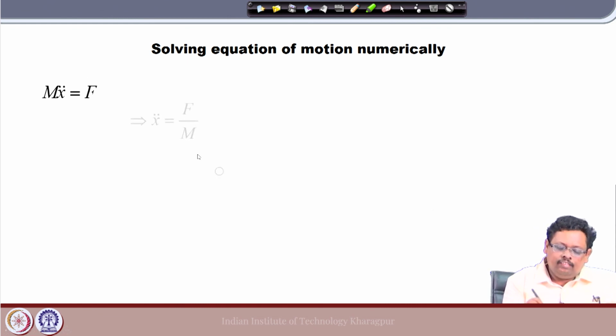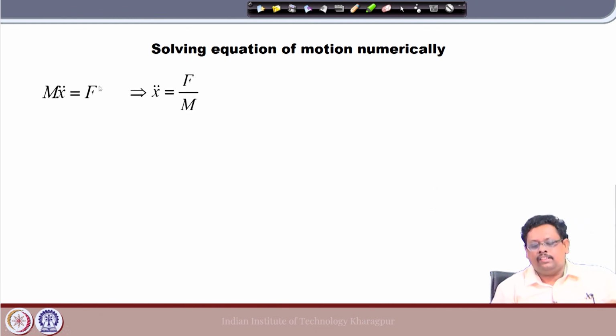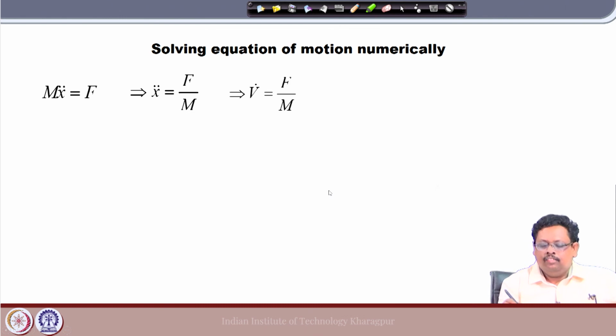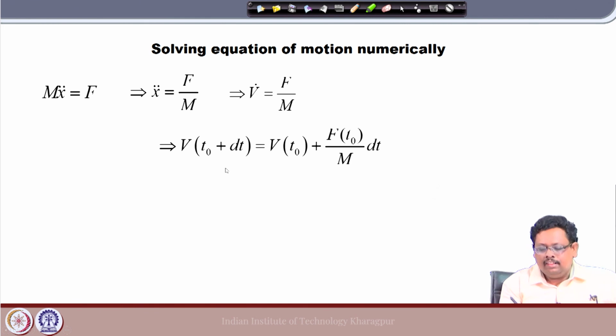I convert this into a first order equation, v dot equal to f by m, since x double dot is the velocity derivative. Using the Euler approximation, the velocity at the next time step equals the velocity at the present time step plus the functional value.